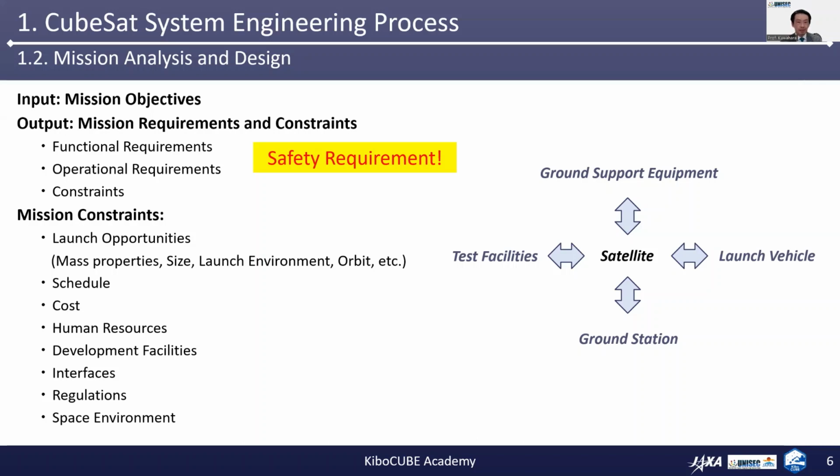The relationship between the satellite and the surrounding environment is described on the right-hand side of this slide. So we need to take into account the interfaces between the satellite and ground support equipment, test facilities, launch vehicles, and ground stations, and so on, before moving on to the next step.